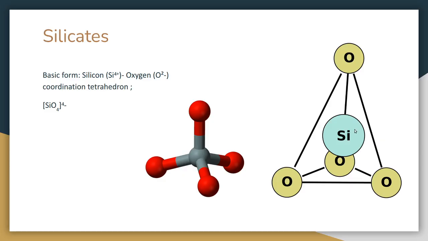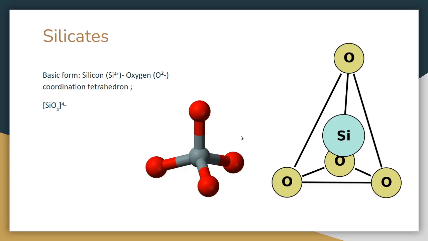Because of the relationship in size between silicon and oxygen, they can form this basic structure when solid, meaning a tetrahedron. I have 2 types of representation here for some clarity.